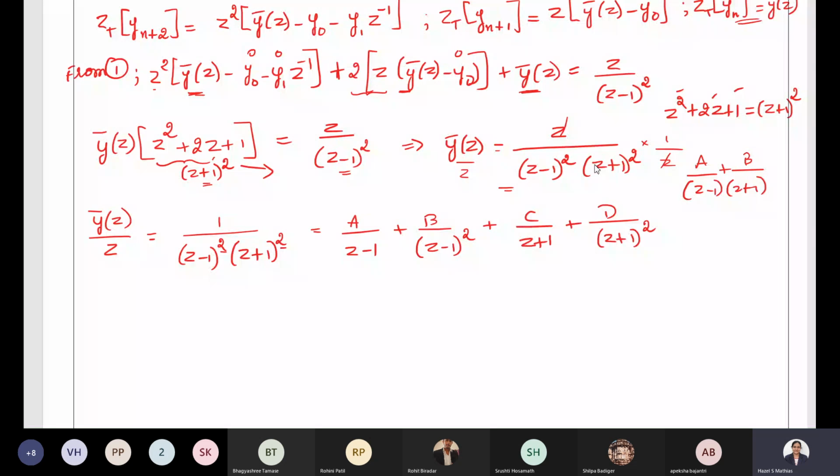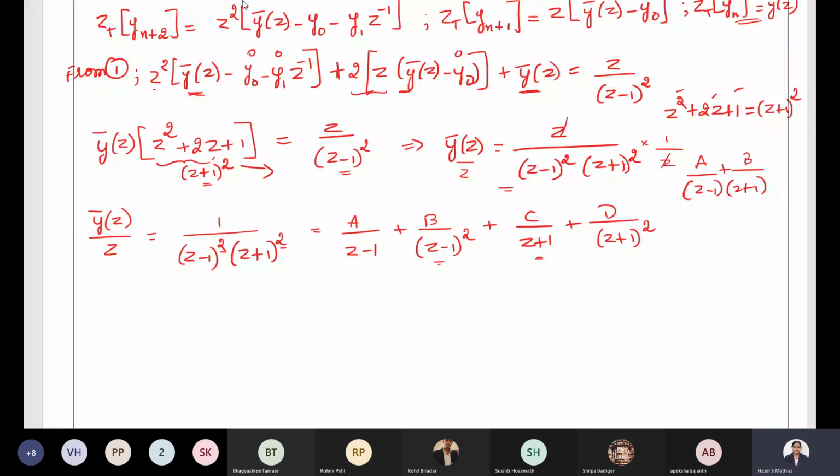But when we have a power over here, z minus 1 whole square, you should split into two terms. First one is a by z minus 1 plus b divided by z minus 1 the whole square. Similarly for z plus 1 whole square, it will be c divided by z plus 1 plus d divided by z plus 1 the whole square. Okay, this is how you split it. This is actually the method of partial fractions. This is not something different.